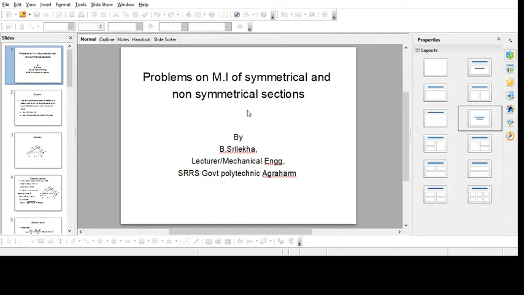Next, we are tracing that y bar. Y bar is nothing but the centroid of the entire figure, which is simply 44.28. You can see it here. For the first one, the centroid is y1 equal to 20 by 2.